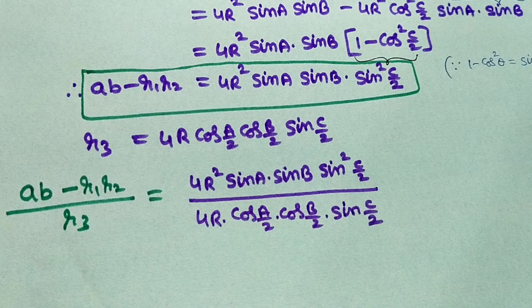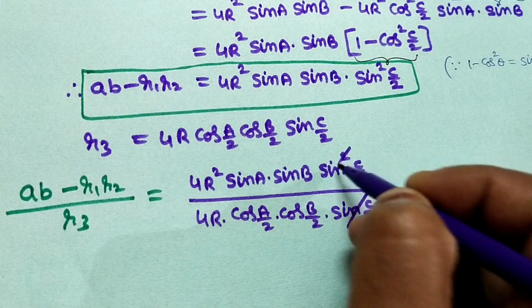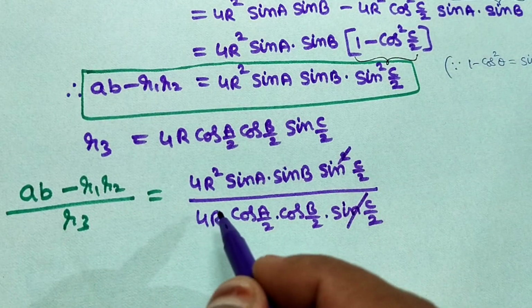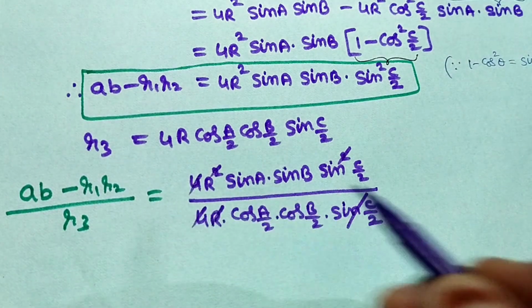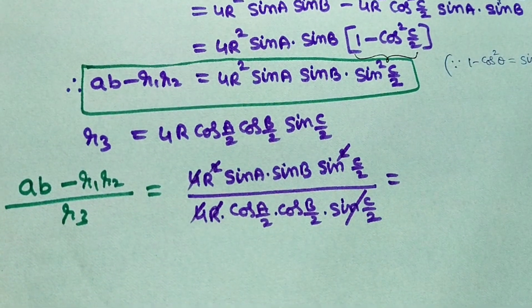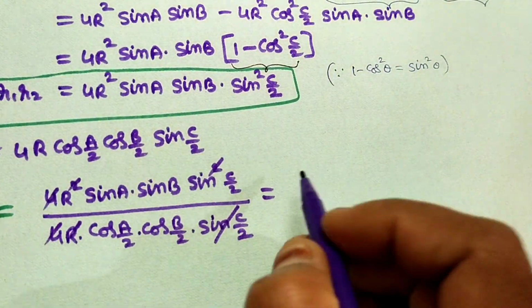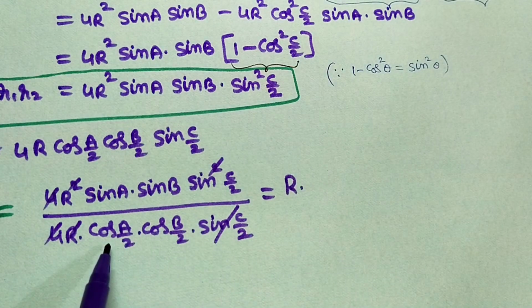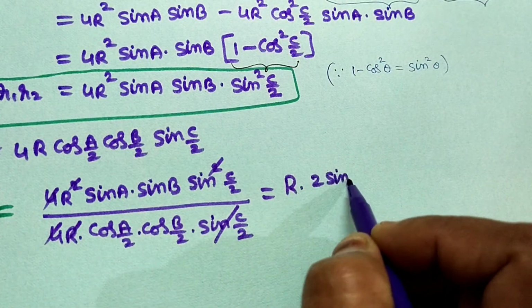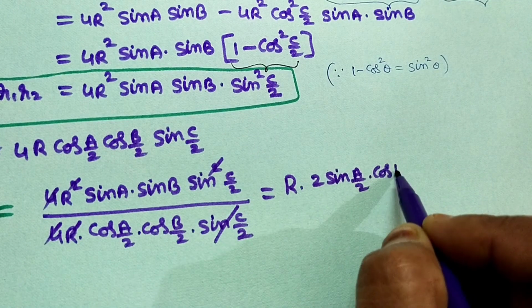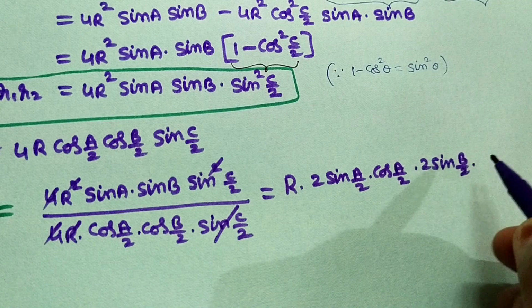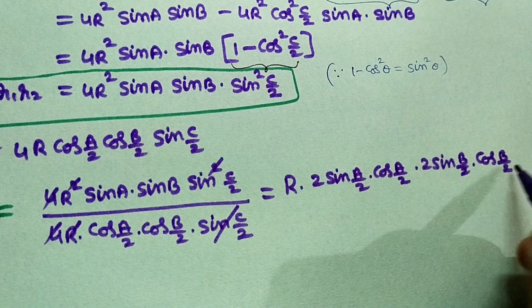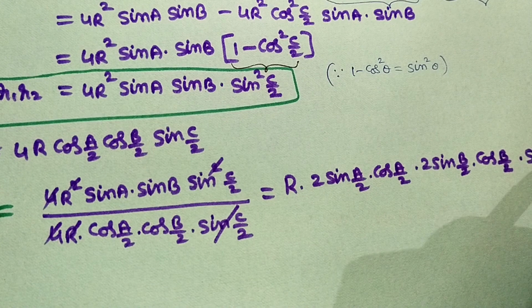So one of the sin C by 2 will cancel, and even 4R also cancels. In the next step, sin A, in denominator cos A by 2 is there, no, 2 sin A by 2 cos A by 2, again you have to write it. Sin B, 2 sin B by 2 into cos B by 2. Already sin C by 2 is there.